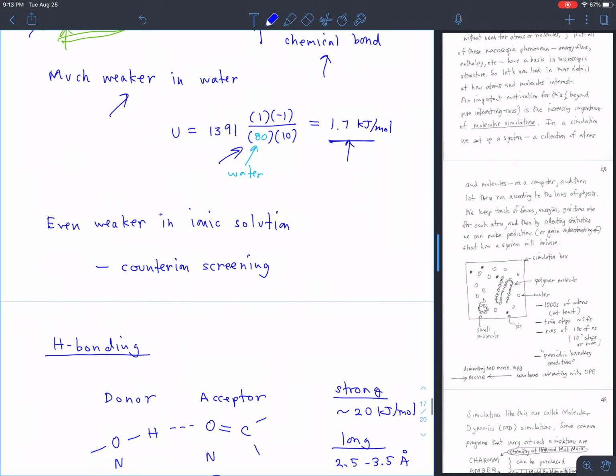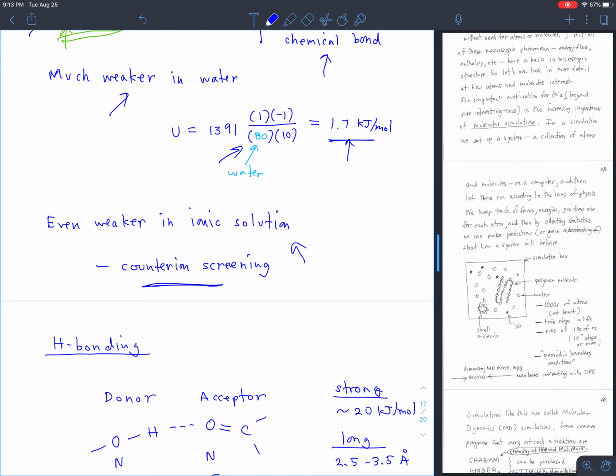All right. If you put it in ionic solution, then you get what's called counter-ion screening, and I think we'll talk a little bit about this next time. I don't want to go into it right now because it'll take too much time. But basically, if you've got a plus charge, then there are negative counter-ions in solution.